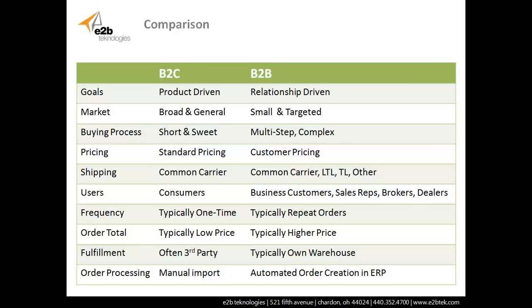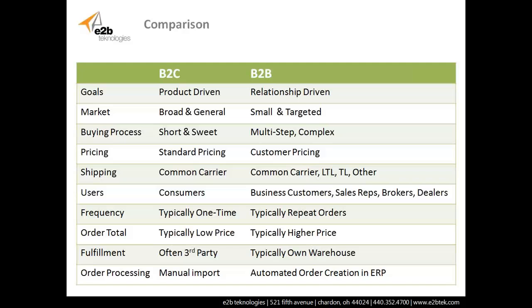What's interesting is we've done some research into this area, and I was kind of surprised. You'd think with the number of companies out there selling B2C that the B2C e-commerce world would be bigger, but it's actually not. If you look at it from a dollar volume standpoint, business to business is almost double B2C as an industry. And that makes sense if you think about it, because if I go out to Amazon, what's my shopping cart total going to be?